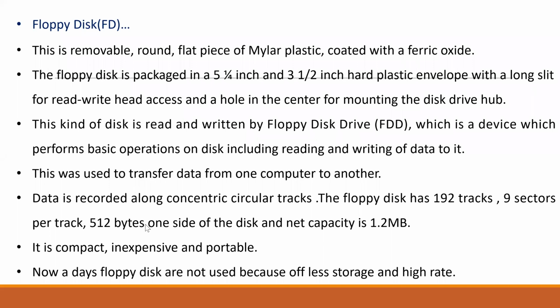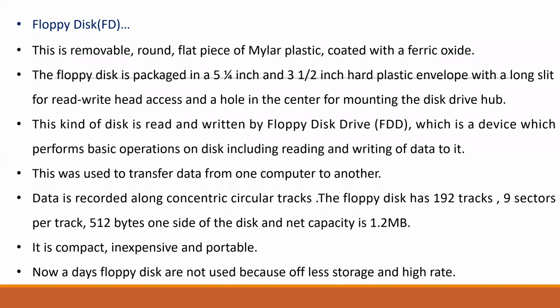Data is recorded along concentric circular tracks. Yes, already we have discussed what is meant by tracks. The floppy disk has 192 tracks. Means on the floppy disk surface there are 192 tracks. 9 sectors per track.